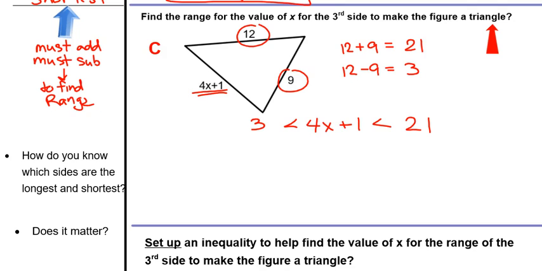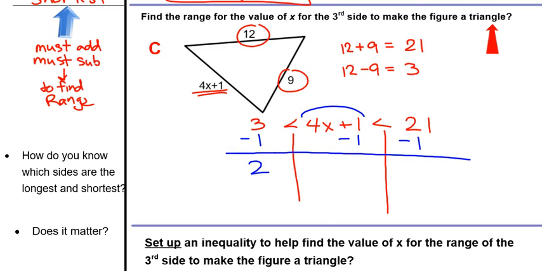And then from there, we just have to solve this. This is like a double equation. You're working only with your inside part right here. You want to get rid of the 1, so I have to do it to both sides. 2, 4x, and 20. And then I have to divide out the 4.